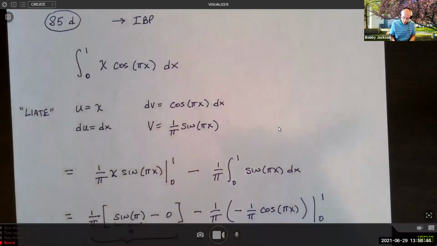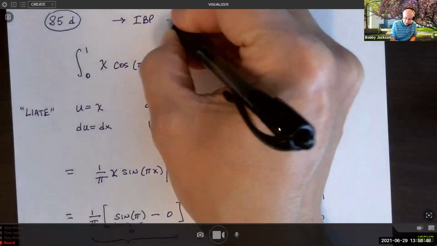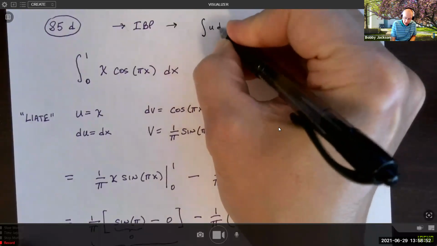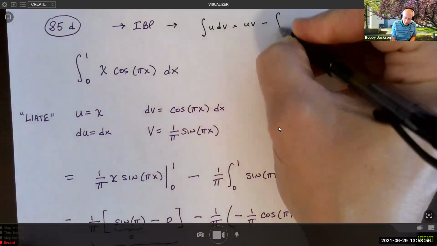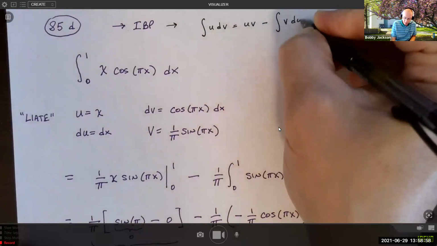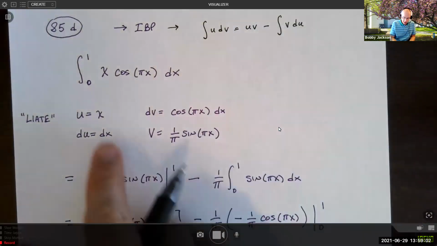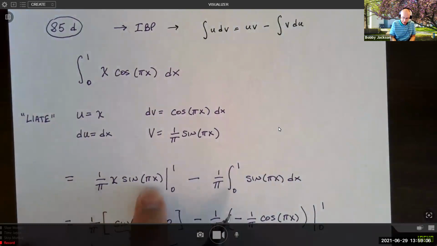All right, so if we remember how the integration by parts formula works, the integral of u dv is u times v minus the integral of v du. And so I've got my uv, x times 1 over pi sine pi x, is this.